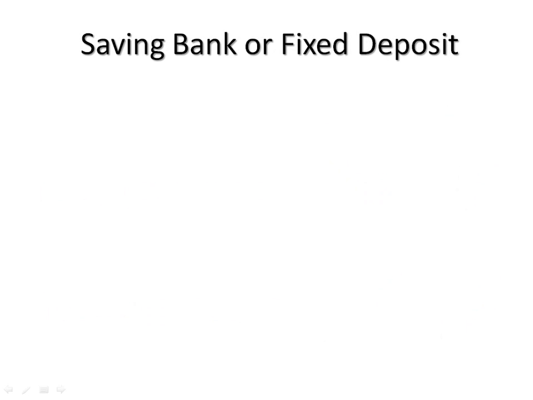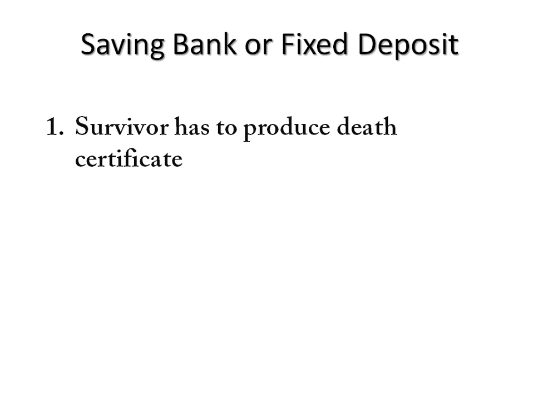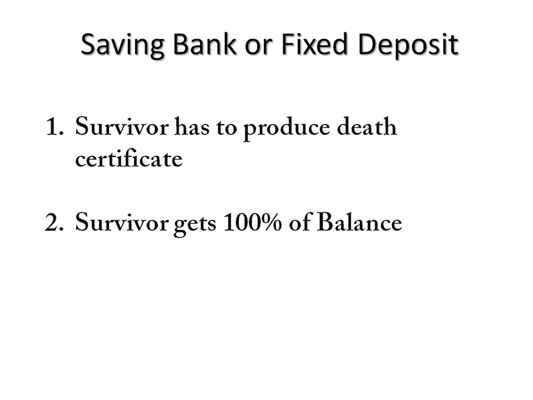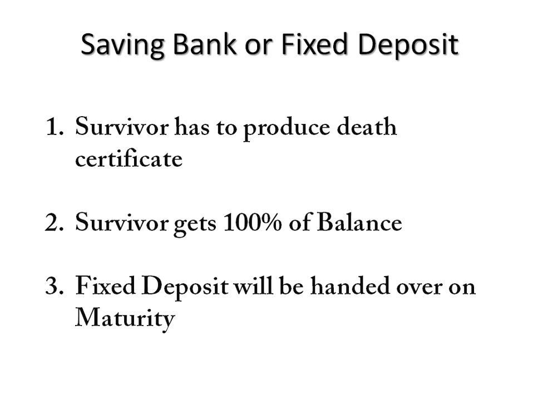Now let us see some asset classes and see how it functions there. So in case of saving bank or fixed deposit, the survivor has to produce a death certificate to get control of the saving bank account, and the survivor gets 100% of the balance. In case of fixed deposit, everything is the same, just that the fixed deposit will be handed over only on maturity.